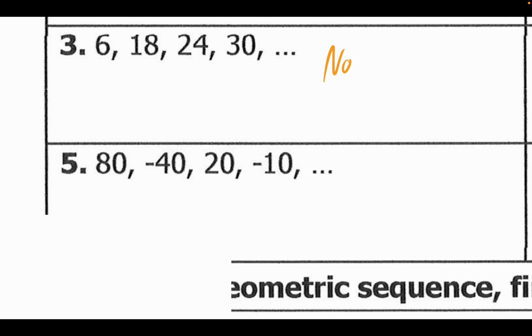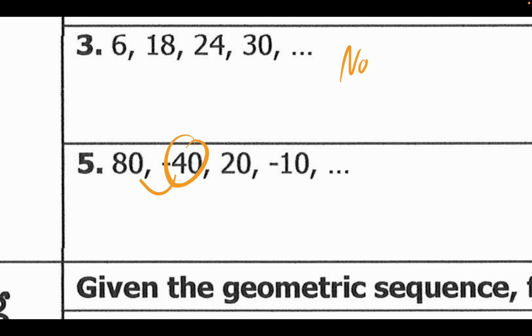Number 5 here, if I take negative 40 divided by 80, I get negative 2. Or sorry, I get negative 1/2, I should say. Different number. If I take 20 divided by negative 40, I get negative 1/2. And if I take negative 10 divided by 20, I get negative 1/2. So yes, this is a geometric sequence, and the ratio is negative 1/2.